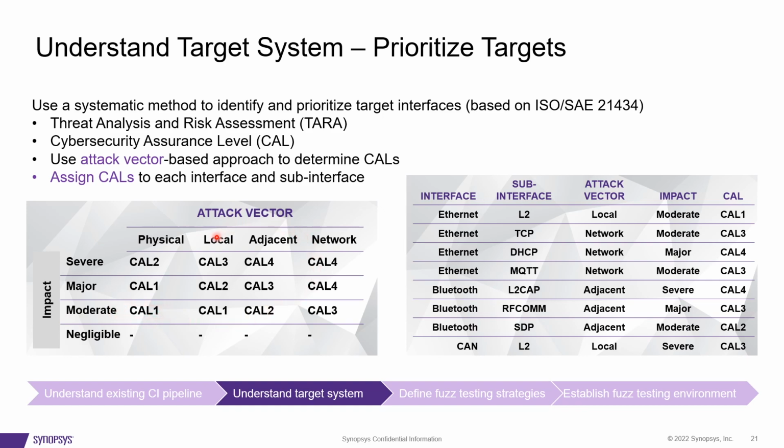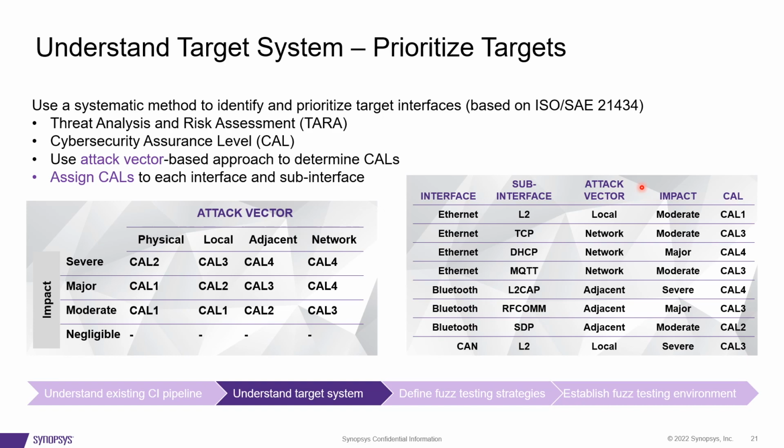So using this table, we can now assign CALs to each of the different interfaces and subinterfaces of our target system. We see this here on the right-hand side in this table. We have, for example, the interfaces Ethernet, Bluetooth, CAN, and the list goes on. And then we have the different subinterfaces here: layer 2, TCP, DHCP, MQTT, and so on.